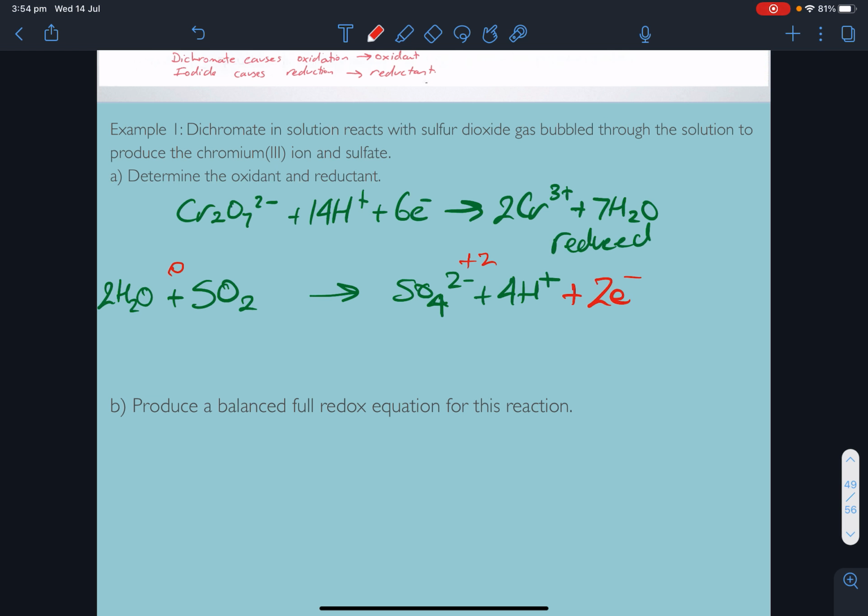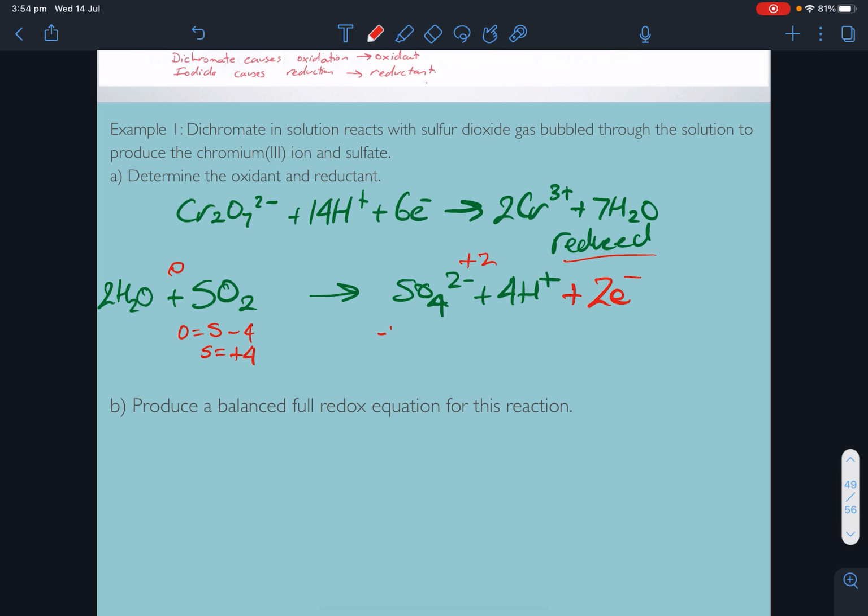Okay, so chromium is going from 6 plus to 3 plus, so it's being reduced. Sulfur is going from, its oxidation number here is 0 equals sulfur and 2 oxygens, which is -4, so sulfur equals +4. Okay, what is it here?